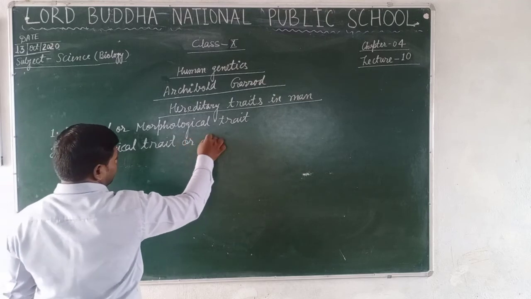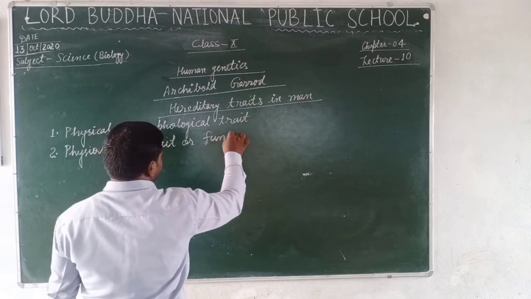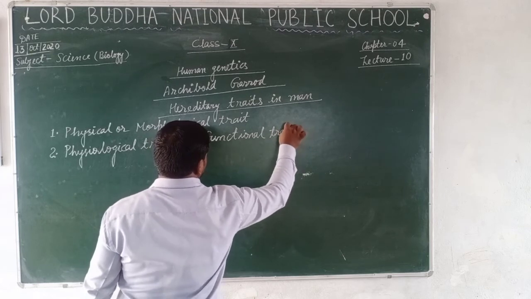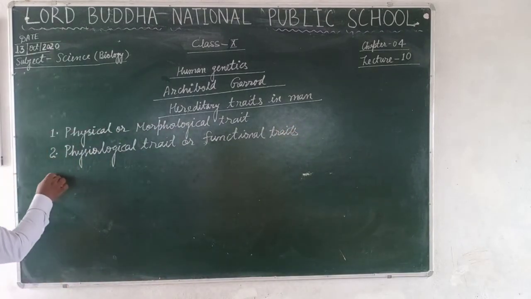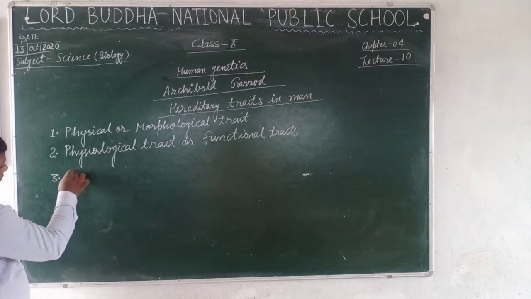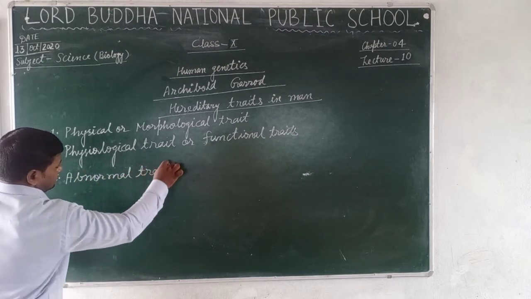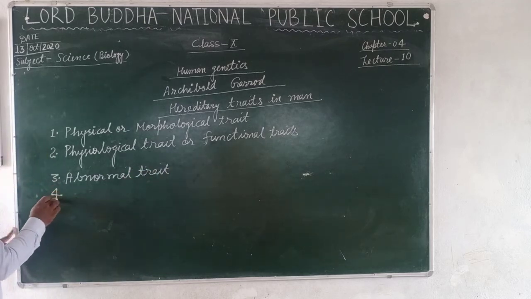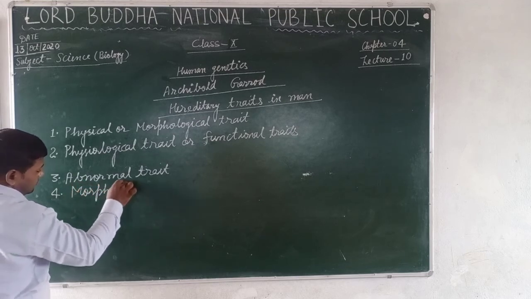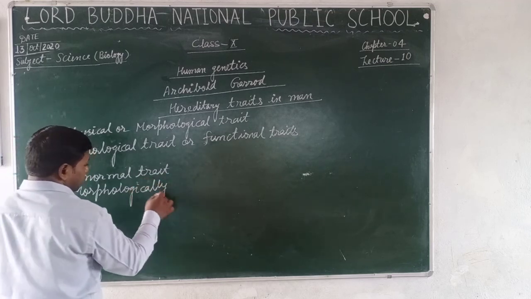Such traits are also known as structural or functional traits. The third one is the abnormal traits. And students, the fourth one is the morphologically inherited traits.